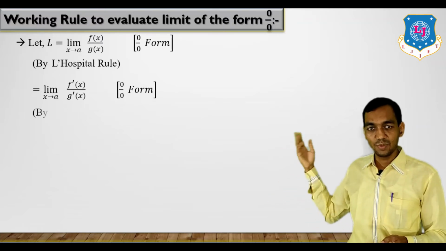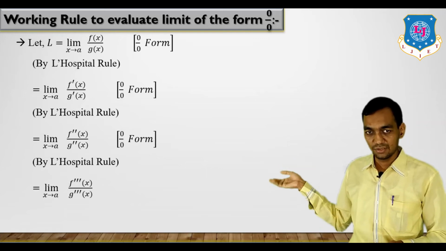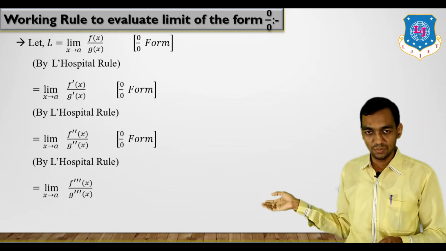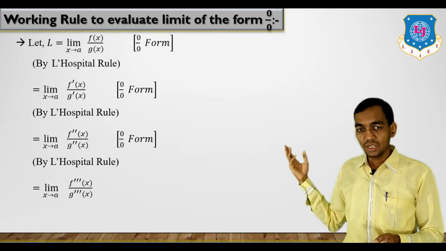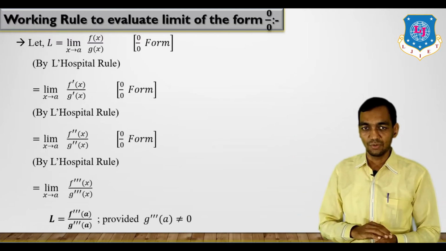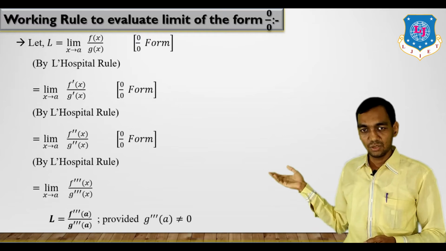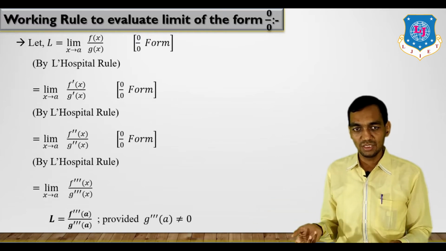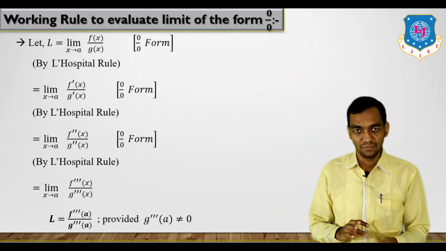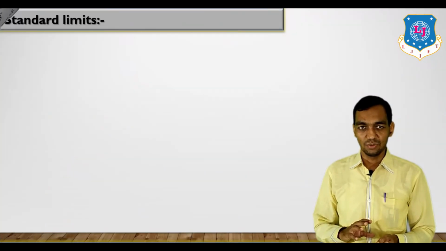If still it is 0 by 0, then you have to continue. Again you will have limit x tends to a f triple dash x upon g triple dash x. And you have to continue in this manner until the 0 by 0 form breaks down. Suppose now either the numerator or denominator has a non-zero value, then we are going to stop here. Okay. So this is the basic concept for the working rule.